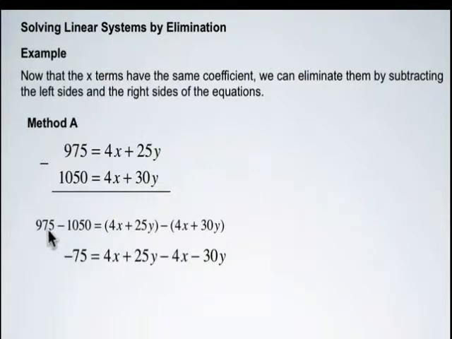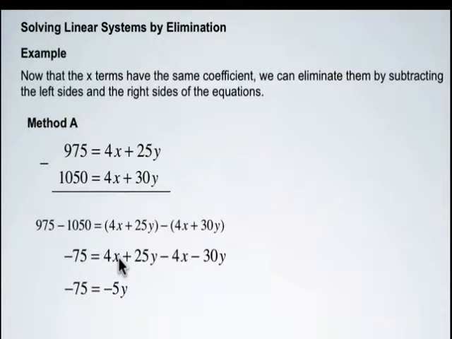Now, 975 minus 1050 is negative 75. And for 4x plus 25y, we're going to drop the brackets, and we're going to distribute the negative through the bracket. So we're going to multiply everything in the bracket by negative 1. So 4x becomes negative 4x, and positive 30y becomes minus 30y.